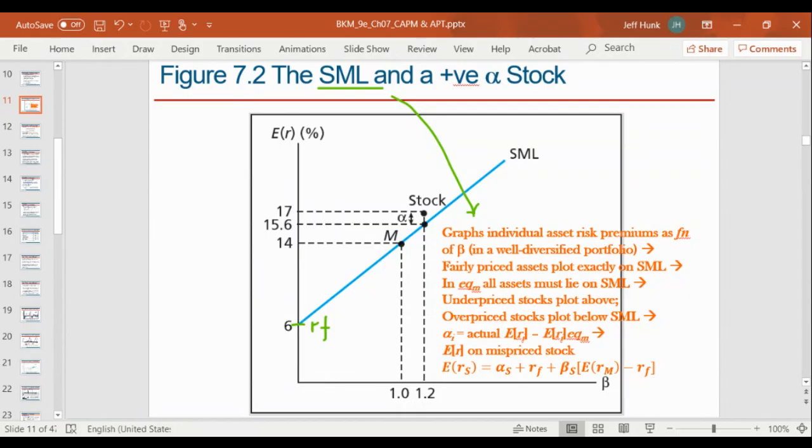Now, also, this security market line is simply telling you that all returns can be explained by beta, right? In other words, everything is systematic. The only risk is the systematic risk. So as long as you have beta, the expected return of any stock is explained by beta, right?